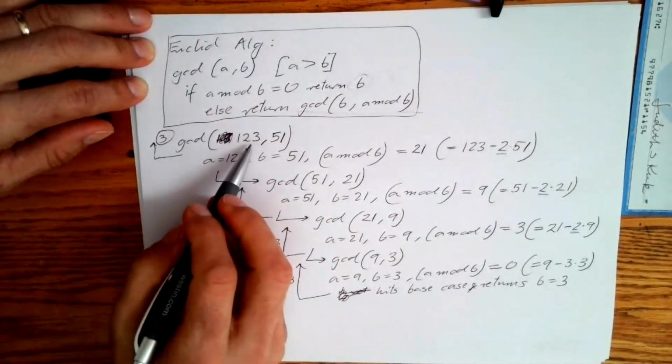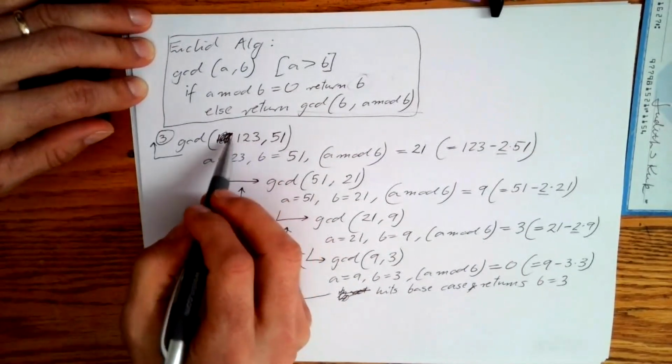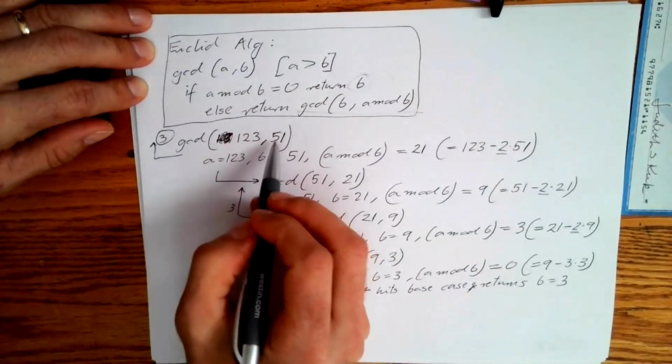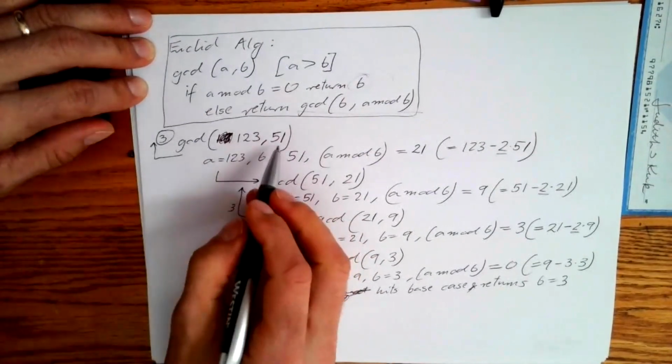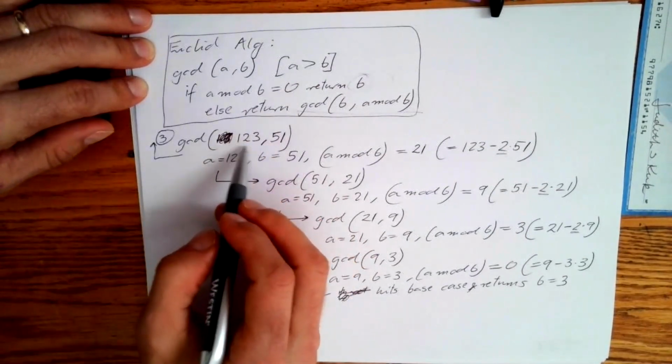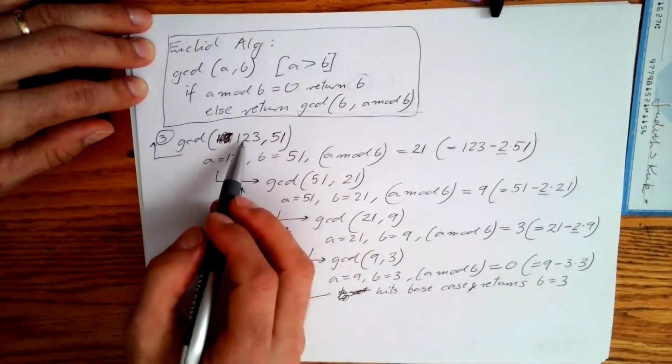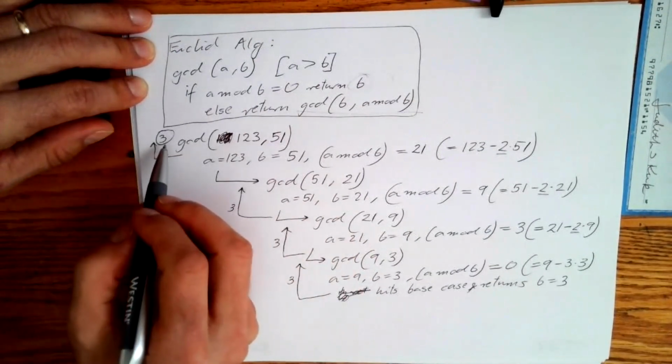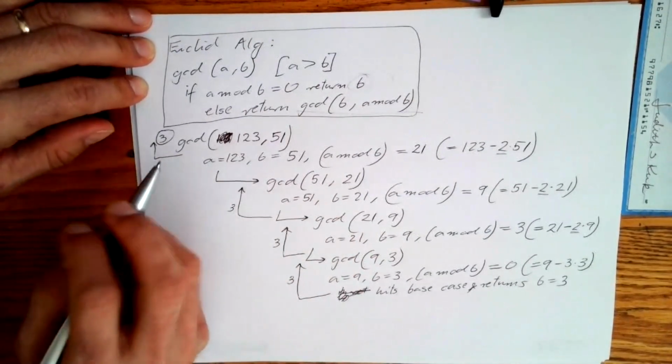And you can check, because 123 is a multiple of 3, and 51 is 3 times 17, and because 17 is a prime, you can just check that it's not divisible by 17, and you're done. The only prime factor is 3.